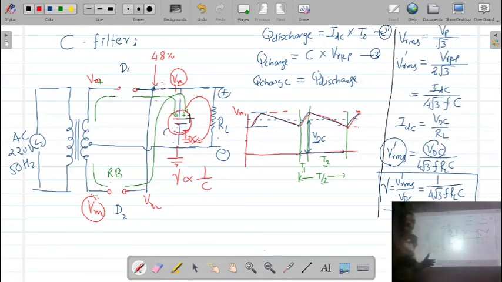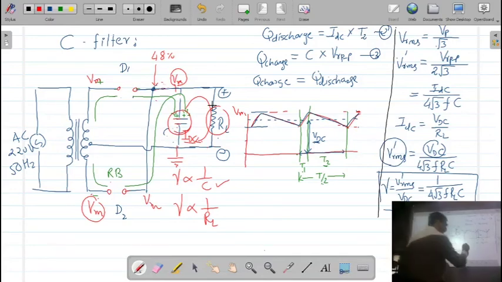So if you want 10%, 5%, 1%, accordingly you can select the value of the capacitor. Second important thing is the ripple factor is inversely proportional to the load resistance RL. So for the higher value of RL, the ripple factor will be low, and for the lower value of RL, the ripple factor will be large.